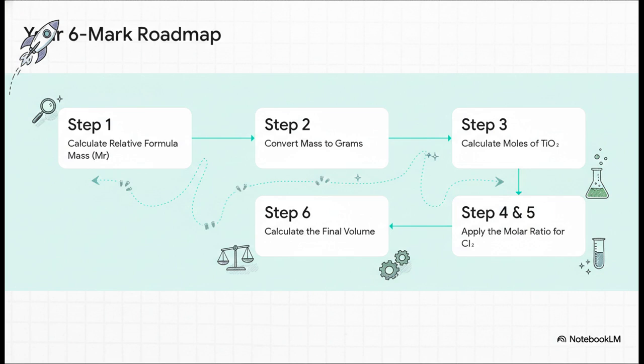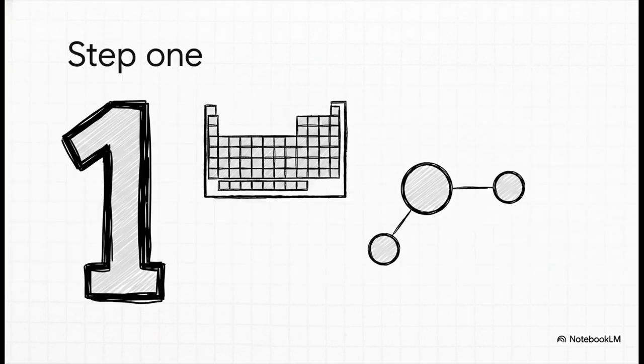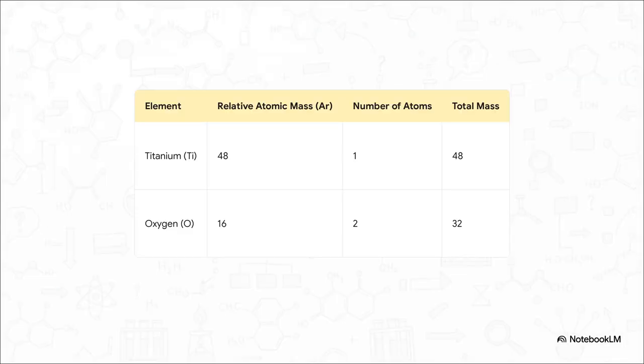Let's do this. Step 1. Mark 1. This is the foundation for pretty much any chemistry calculation, working out the relative formula mass, or Mr. You'll have your periodic table with you, so this should be a nice, gentle start. Okay, so to figure this out, we look up the numbers on the periodic table. Titanium is 48, and oxygen is 16.